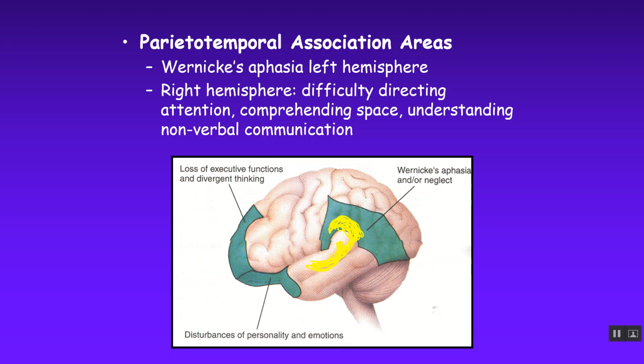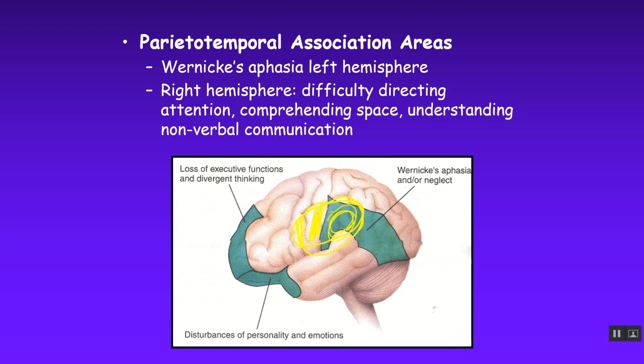People that have damage on the right side of their brain in that region, pretty profound, can have a very severe form of anosognosia, which is a lack of attention to their environment and their surroundings, and a lack of awareness of their deficits. I've had patients with a big middle cerebral artery stroke that knocks out a wide area like this. So we've got primary sensory involvement, motor involvement, and this area involved.